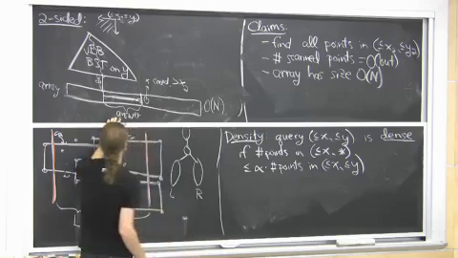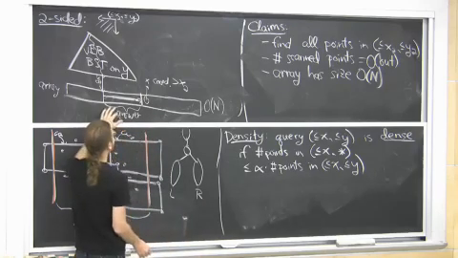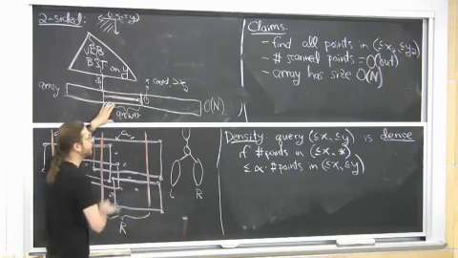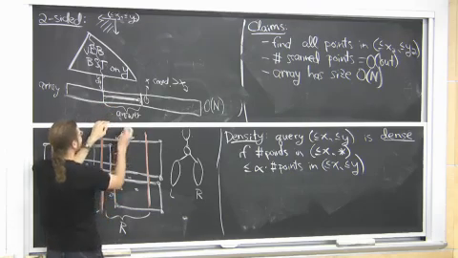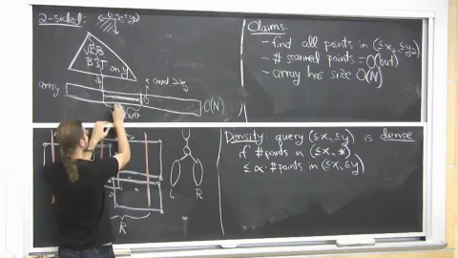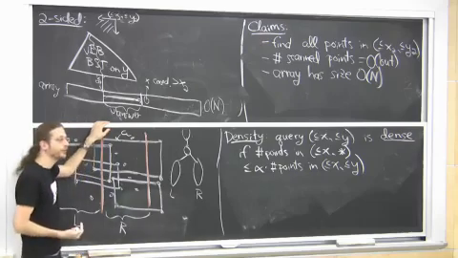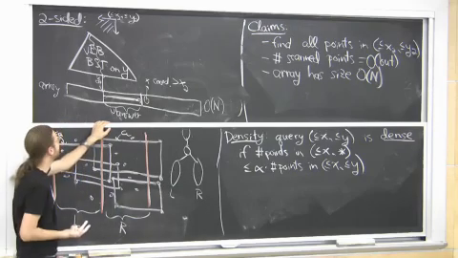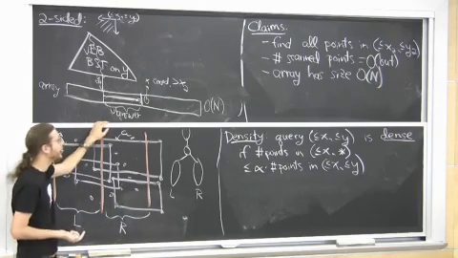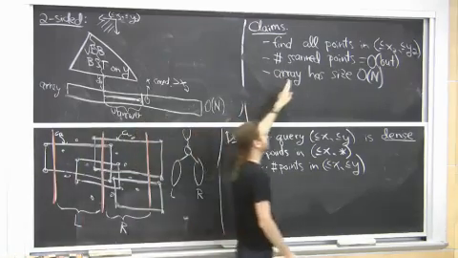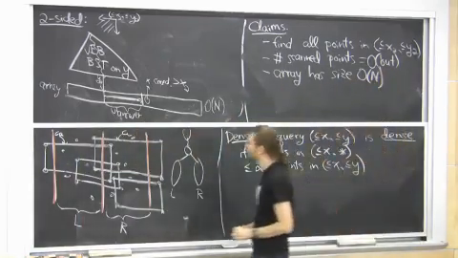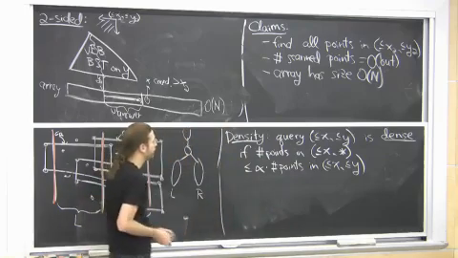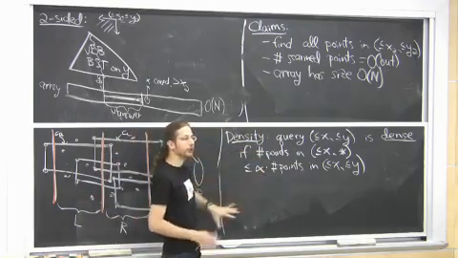Sorry, I need to also potentially throw away points that are not low enough. So the answer is contained in here, I should say. To throw away duplicates, you have to throw away points that are not in the range less or equal to x, comma, less or equal to y. Still, we claim the number of scan points is proportional to the output size. That's what we need. So, if this held for every query, we'd be happy.